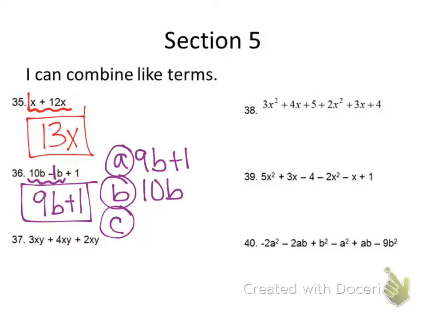Maybe another option is, what would be another good one? 9b for forgetting the 1. And yeah, 8b might work, because if you accidentally added and then subtracted and did the wrong like terms, okay, I can get on board with that. Another one might be like 11b plus 1 if you added them.